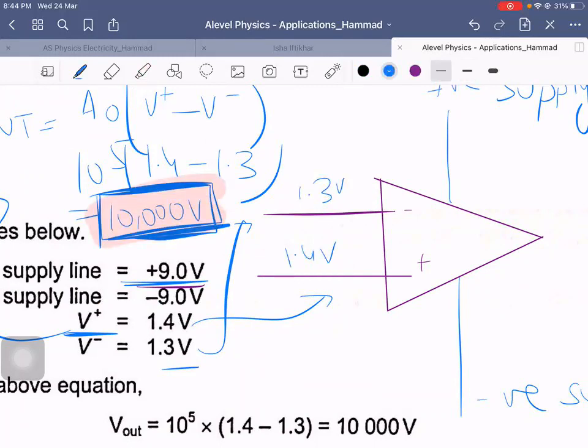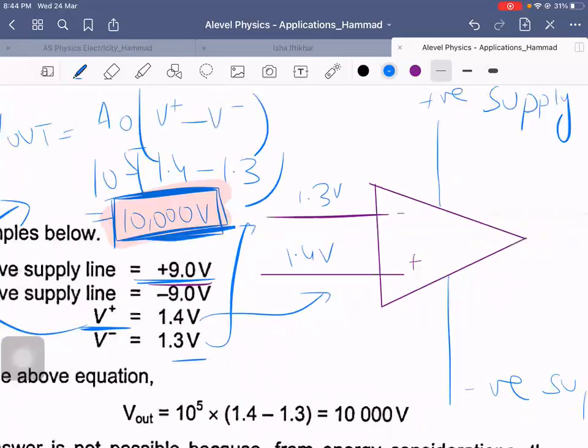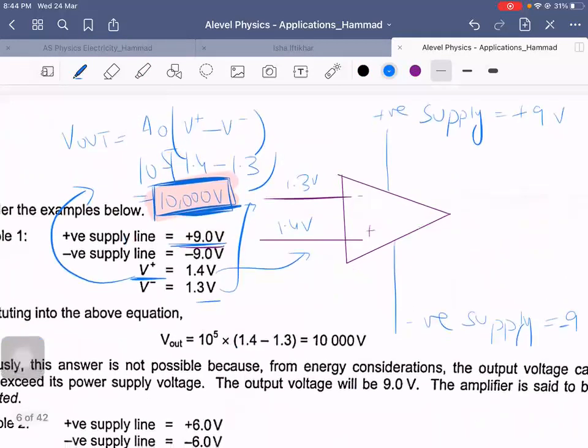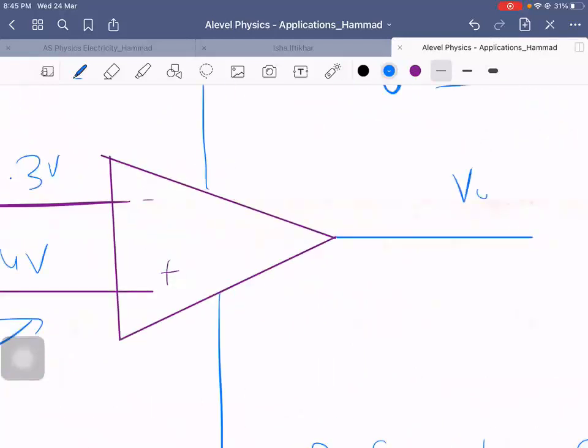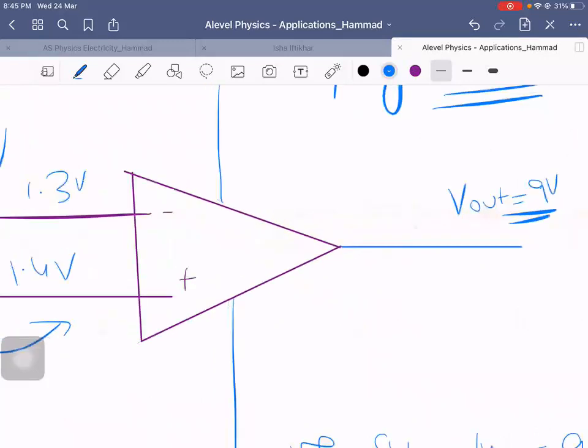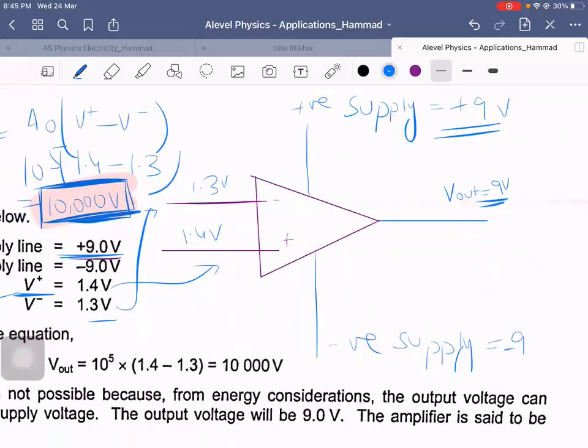Which is practically impossible. So what the amplifier does is it will cut or saturate the voltage value at 9 volts, and the amplifier is said to be saturated.